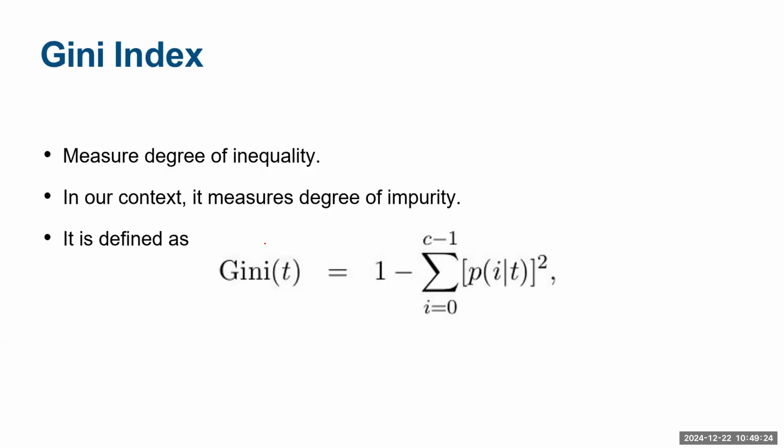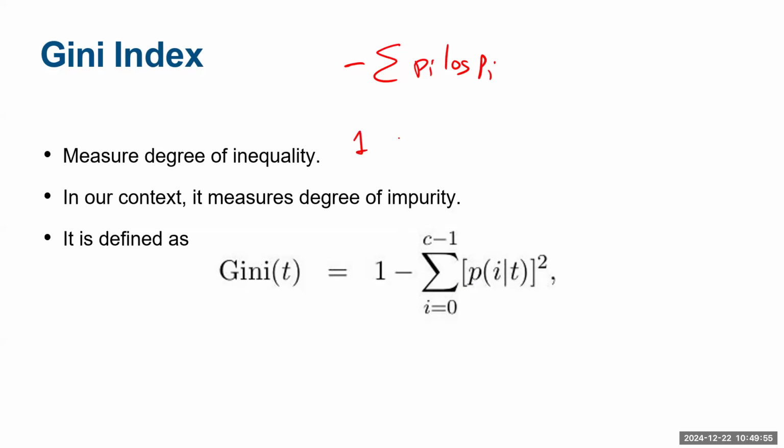What is the Gini index? The Gini index at node T is 1 minus the sum of the p_i of each class squared. In the entropy, we have minus p_i log p_i, right?